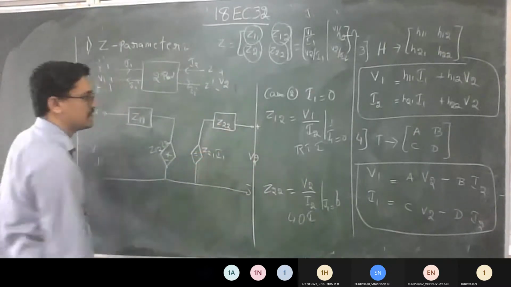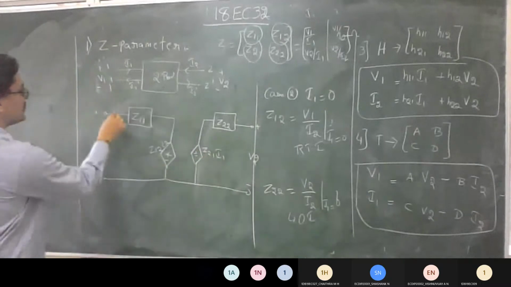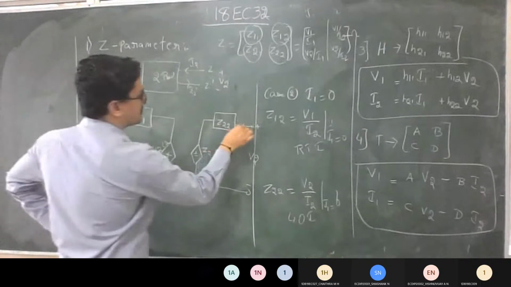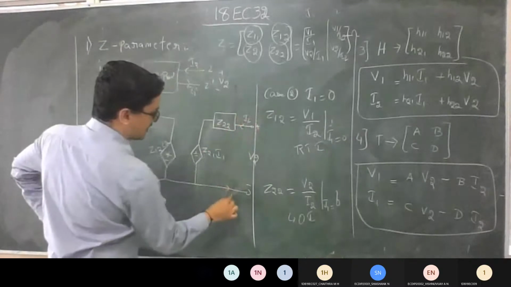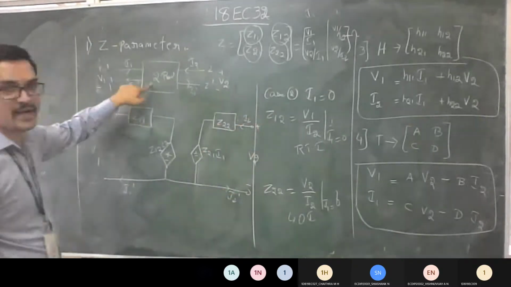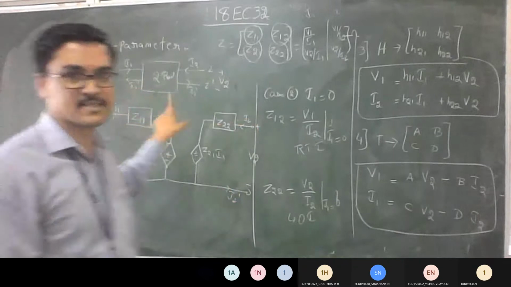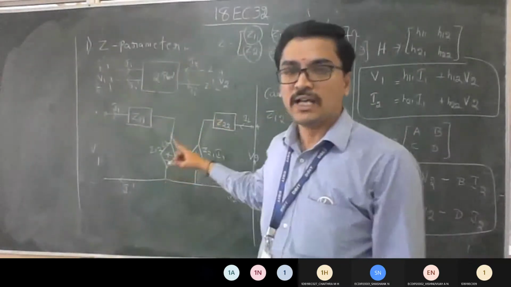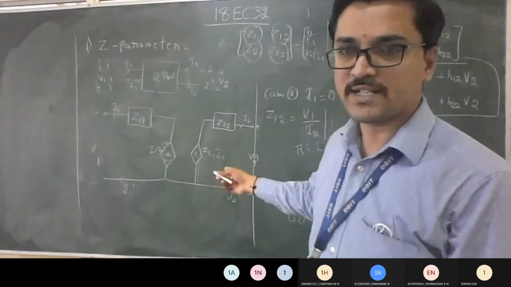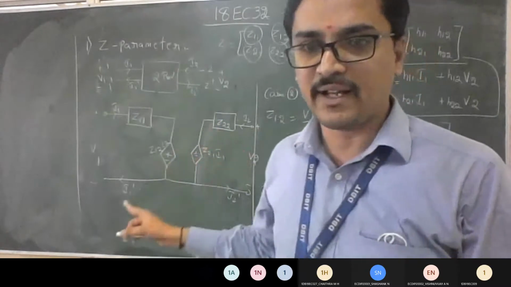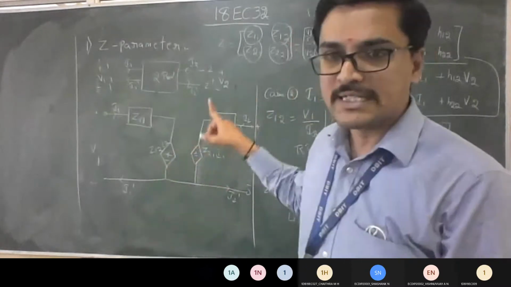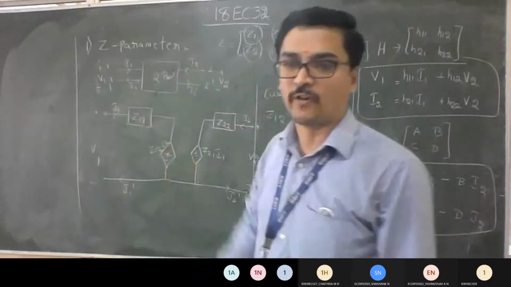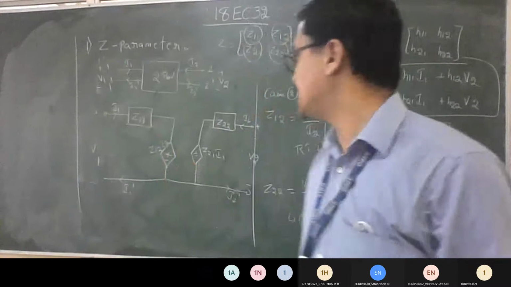Z21 I1. Look here: there was I1 dash and there was I2 dash. Compare this with this. Is it the same way? I just changed what was inside to its equivalent. That is why it is called the equivalent electrical network for the 2-port Z parameter, because I have included the Z11 and Z22 coefficients. Any doubts, anyone?